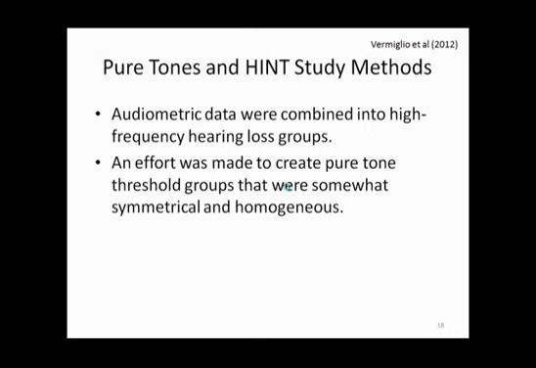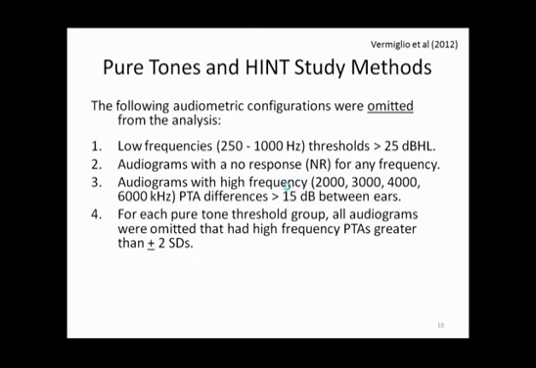And an effort was made to create pure tone threshold groups that were somewhat symmetrical. So the pure tone thresholds, when you look at the left ear versus the right ear, the hearing losses were somewhat symmetrical and homogeneous. And the way we did that was we said, okay, we're going to omit from the analysis anybody who has an audiogram where the low frequency thresholds are greater than 25 dB.